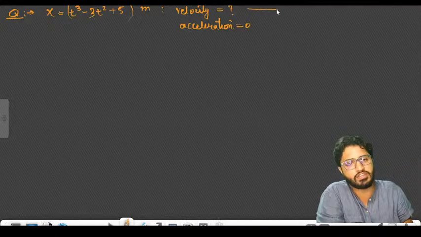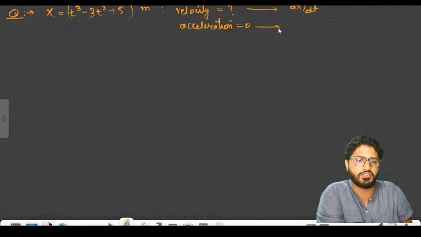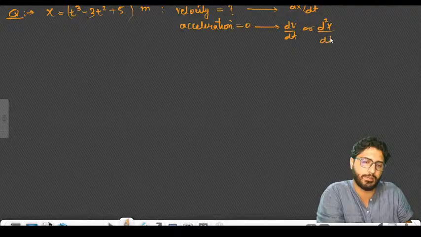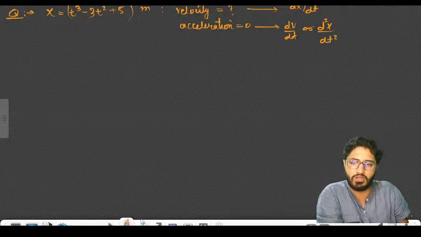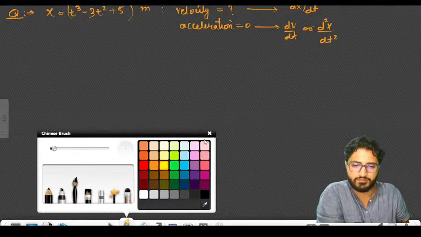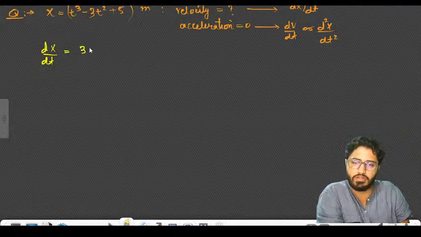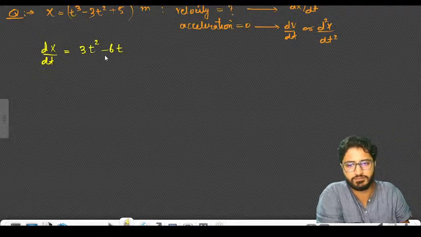Look, velocity simply means dx by dt, and acceleration means dv by dt, or I can write d square x by dt square. Now I can write dx by dt equals 3t square minus 6t.